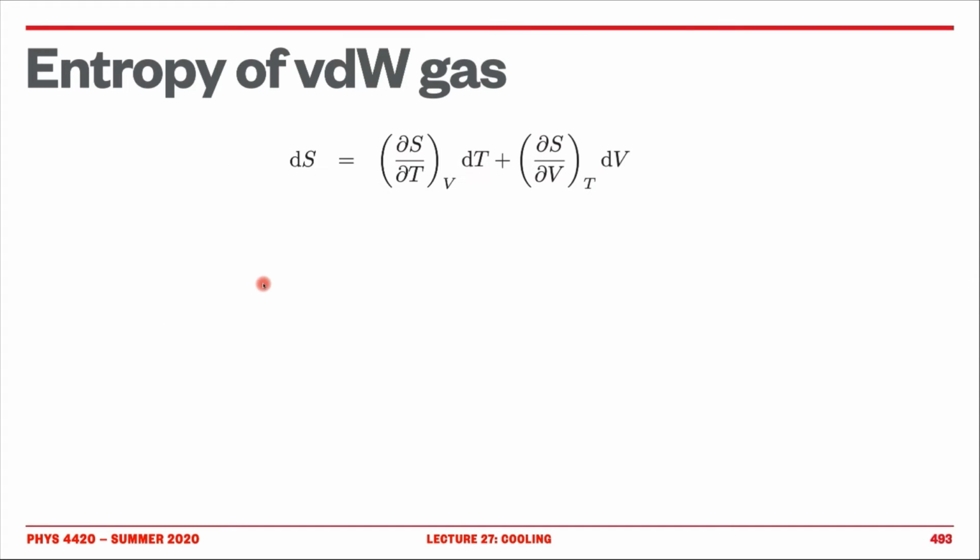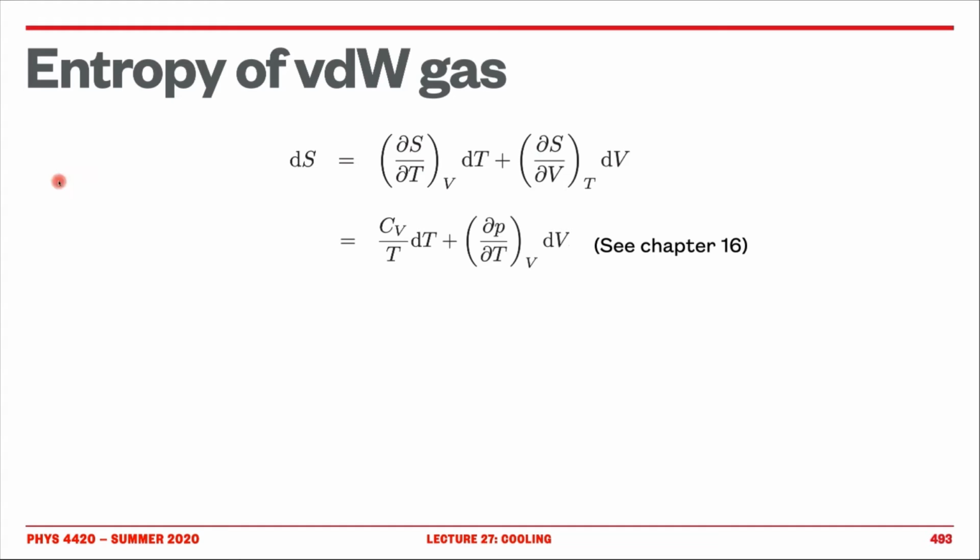We have all this, and we can now calculate the entropy of the van der Waals gas. We can reuse this definition of the exact differential of the entropy. Remember, the entropy is an exact differential, and so we can calculate this using the partial derivatives.